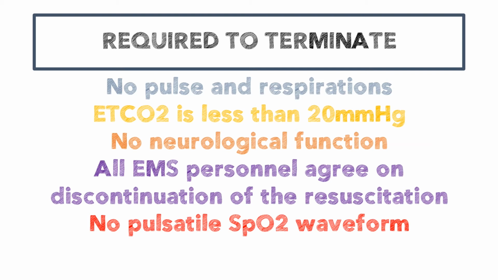Now, in addition to the aforementioned rhythm and time requirements, they can't have a pulse, clearly. They can't be breathing, clearly. The end-tidal CO2 has to be less than 20. And I, for one, would like to see it decreasing, like we talked about, more than 25% of the initial.